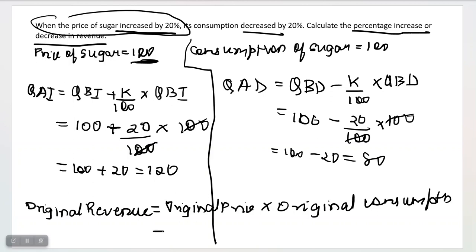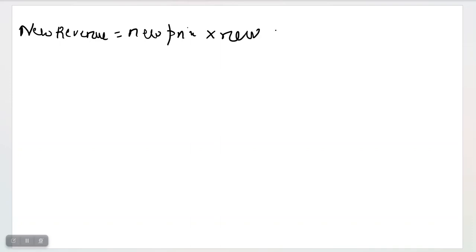Original price is found to be 100 and original consumption is also 100. So therefore this will become 10,000. Now we find out the new revenue. New revenue will be new price multiplied by new consumption.